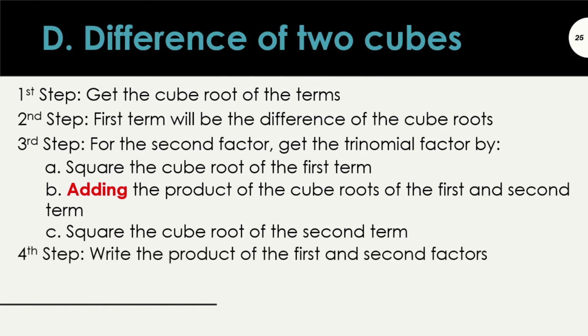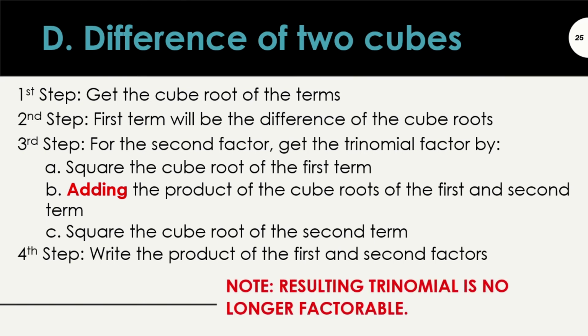Then lastly, yung fourth step natin is we will write the product of the first and second factors. At kagaya ng sum of two cubes, we take note that the resulting trinomial is no longer factorable.